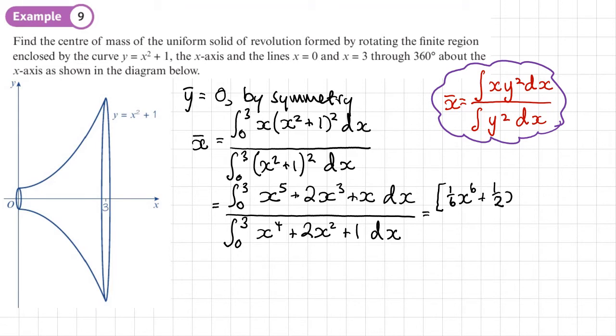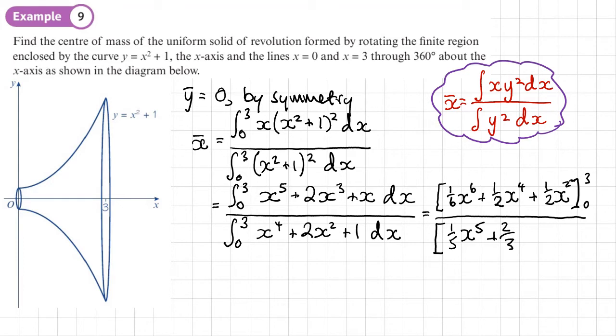So a half x to the power 4 plus a half x squared. Our limits are 0 and 3, and all of that divided by 1/5 x to the power 5 plus 2/3 x cubed plus x, again between 0 and 3.